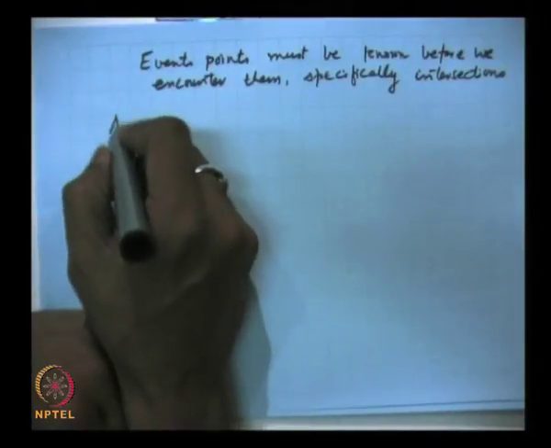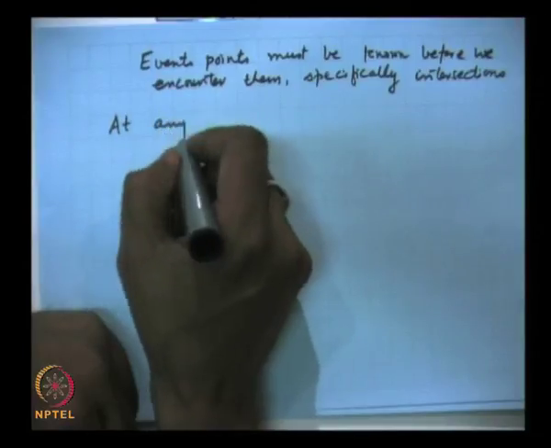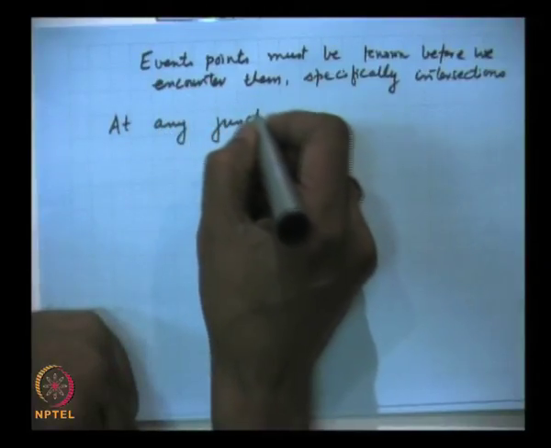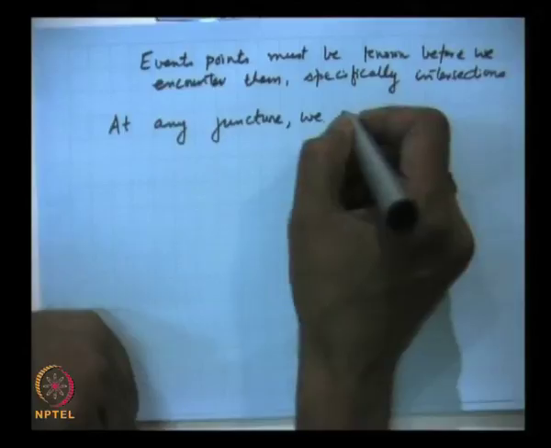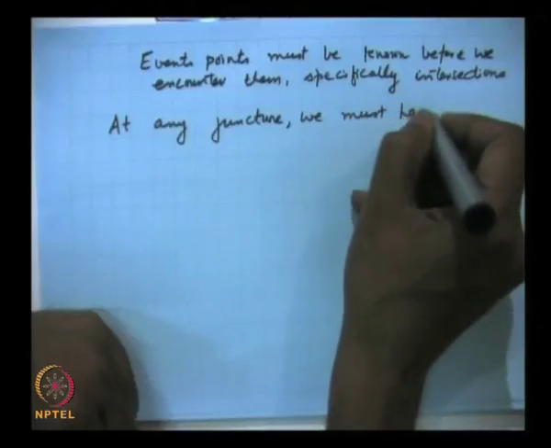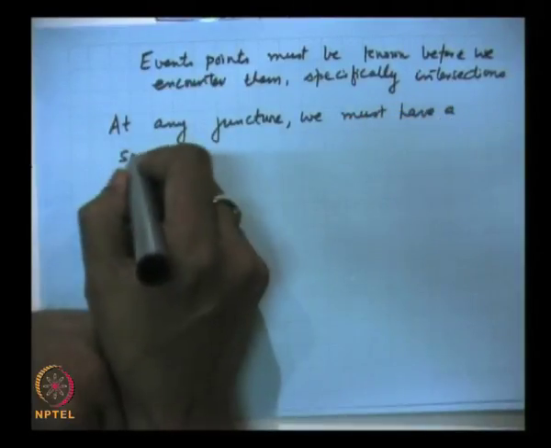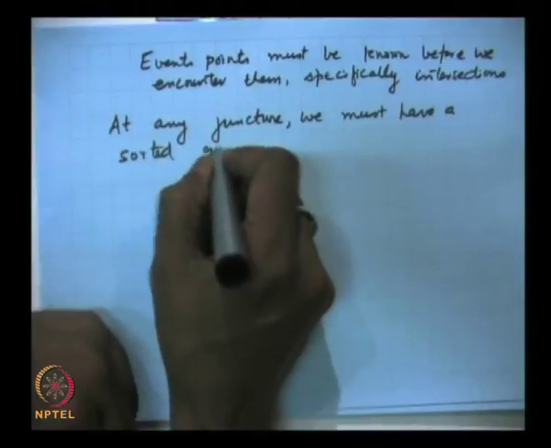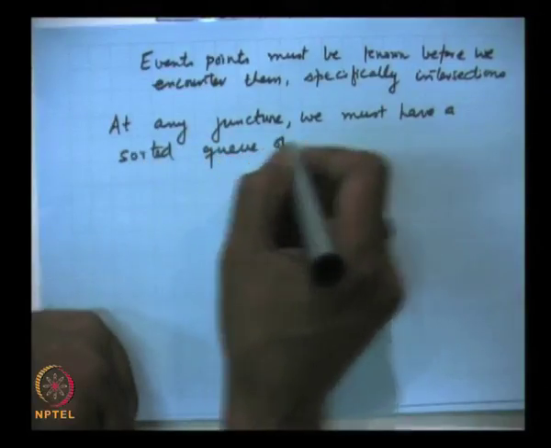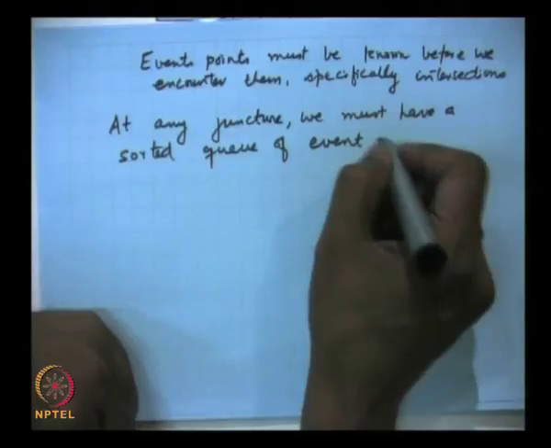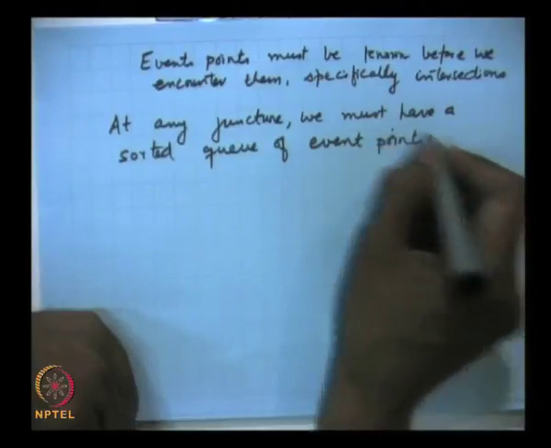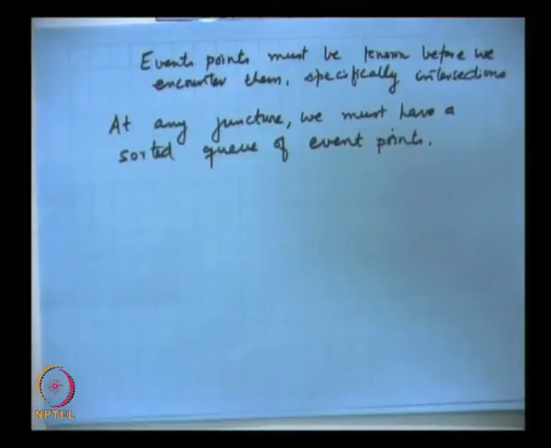So at any point of time, at any juncture, we must have a sorted queue of event points. Initially, what is it that we know? We know all the left and the right endpoints.